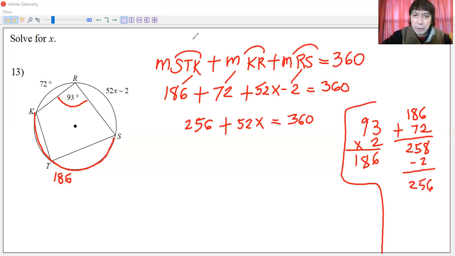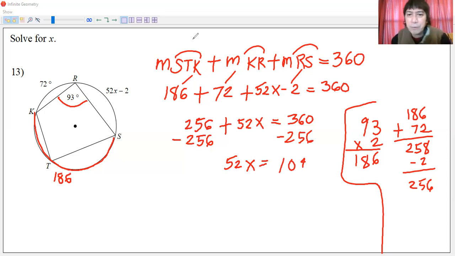All right, subtracting now the 256 from both sides. And so the left side is just 52x. This is now 360 minus 256. This will be 104.